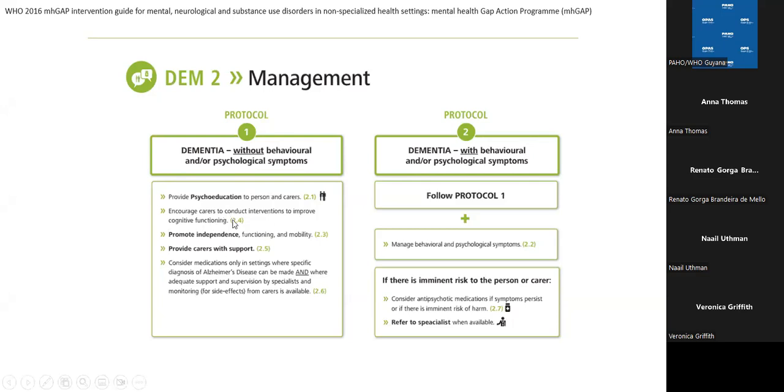Encourage carers to conduct interventions to improve cognitive function. That is, physical activity, cognitive stimulation, and social participation. It is very important to decrease the pace of dementia.